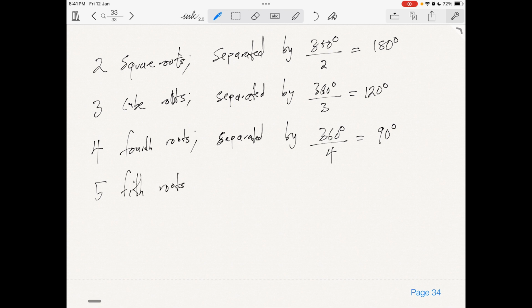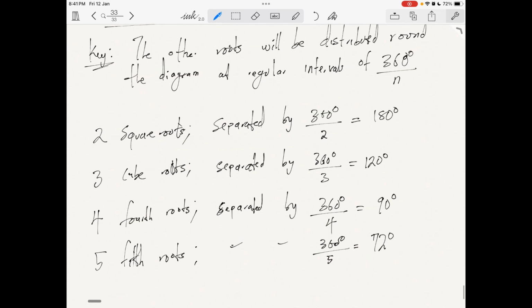If you have to find the fifth roots, they will be separated by 360 degrees over 5, which is 72 degrees. Now, in this case, the modulus of the roots, whether the square root, cube root, fourth root, fifth root, or the sixth root, are the same. It is only the argument that is changing.